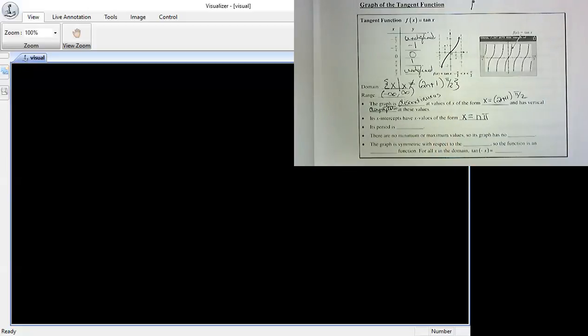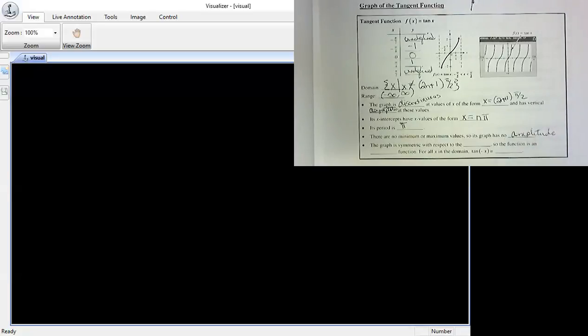What is the interval that it takes to get one complete cycle of this graph? From negative pi over 2 to pi over 2 is pi. My period is only pi on the tangent graph, okay? I've got the full everything included in a period of pi. I have no minimums or maximums, so the graph has no amplitude, okay? It has no amplitude.